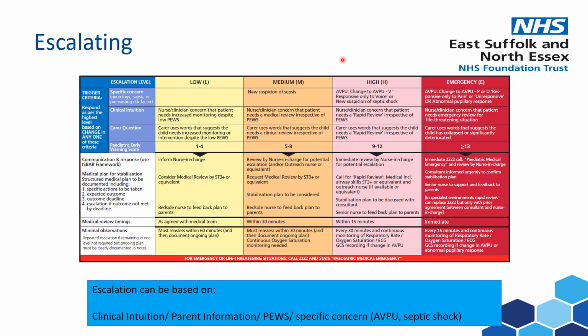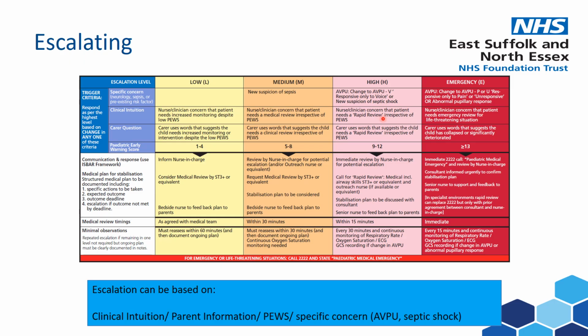When we look at our clinical intuition, this escalation pathway is really good for helping us guide what we're going to do with our intuition. So they've given 4 statements for the clinical intuition. If you are concerned about a child, you would have a look at this chart, look at the escalation pathway and see where your concern fits. So is it that you think the nurse has a clinical concern that the patient needs a rapid review irrespective of PEWS?